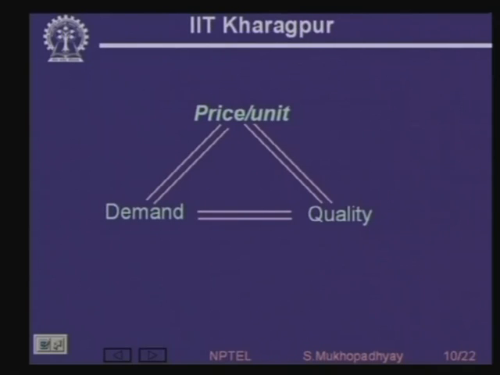Now it is well known that if you increase the price of an object, demand tends to decrease because fewer people can afford it. On the other hand, if price can be reduced, then demand tends to go up. That is what we see nowadays every day. Price of cell phones is decreasing and that is resulting in a huge demand from cell phone users.